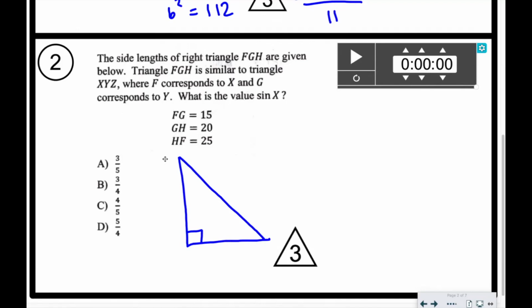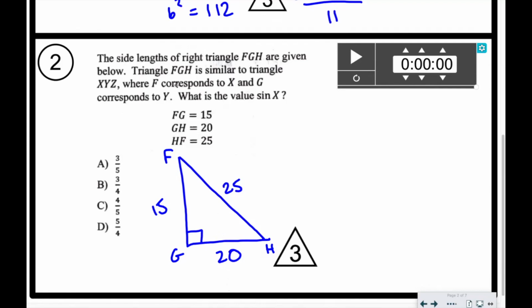Sometimes they tell you where the right angle is, but here we need to make sure that HF is the hypotenuse because it's the longest of the sides. So just letter them in a way where that's true. Okay, so then FG is 15 and GH is 20.